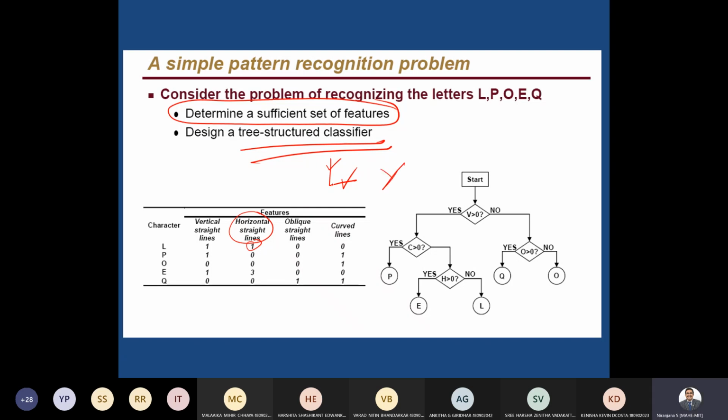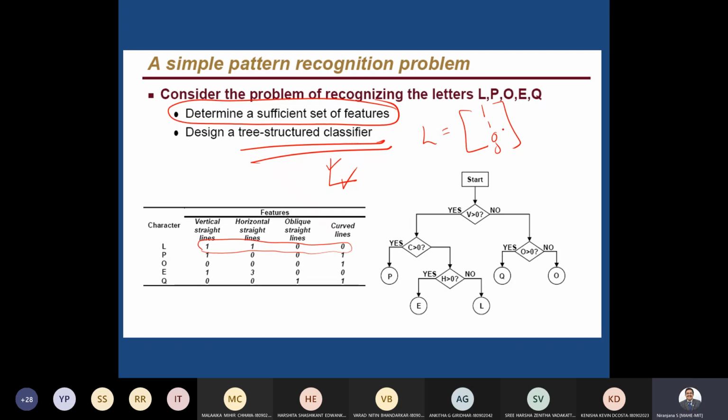No, there is no oblique line here, so 0. Curved lines, if any? No, 0. So L is now represented using a 4-number vector. These are the feature details. So L is described with 1, 1, 0, 0 as a column vector.